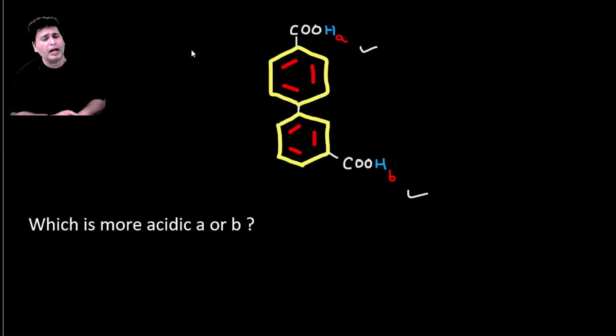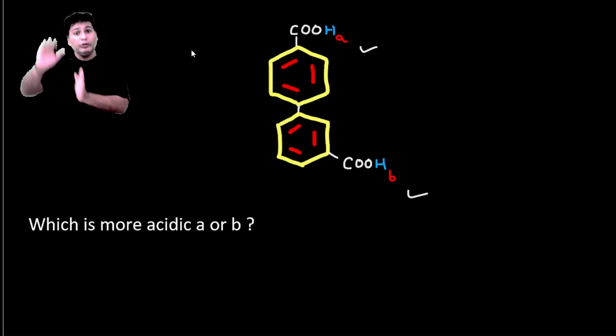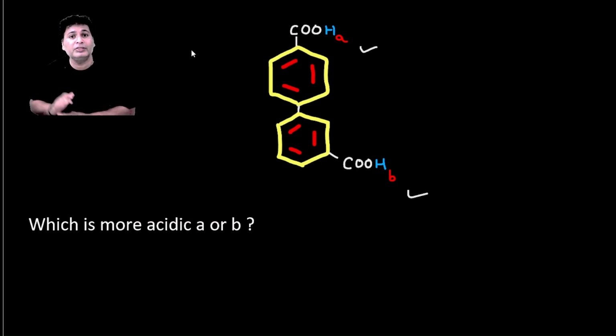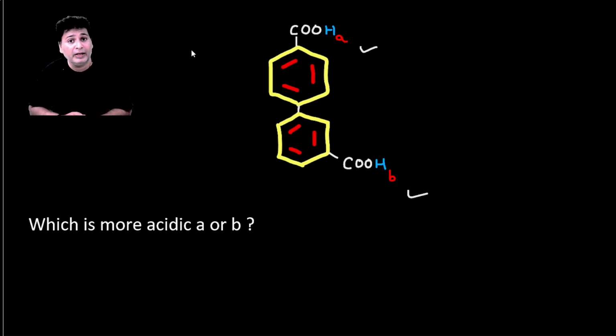So I have already told you the way you have to perform this type of question. You have to take the hydrogens out one by one. As you take the hydrogen out as H plus, you will get an anion. The resulting species will be an anion, the conjugate base. For that anion, you have to see whether it is stable or not.